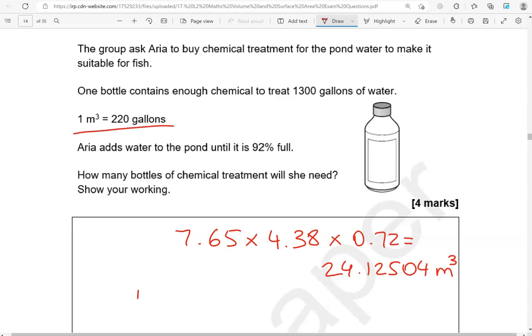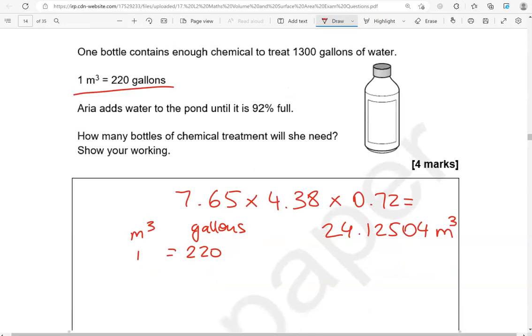1 cubic meter is equal to 220 gallons. What about 24.12504 cubic meters? So to get from 1 to 24.12504, we multiply by 24.12504.